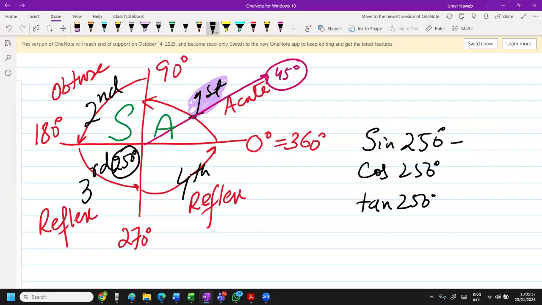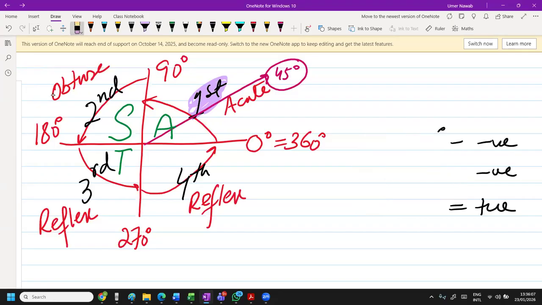Through the calculator, I will come to know that the sine and cosine answers will be negative, but the tan will give you a positive answer. So I can write here a capital T in the third quadrant to represent that if I pick any angle in the third quadrant, I will always get a positive answer for the tan. But for angles in the third quadrant, sine and cosine will give us negative answers.